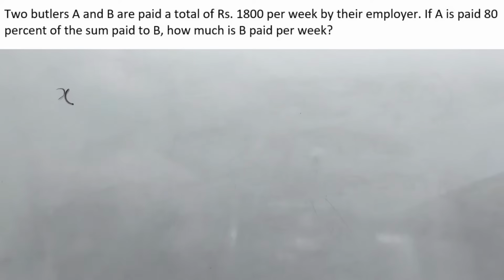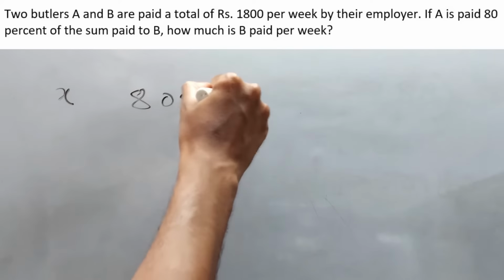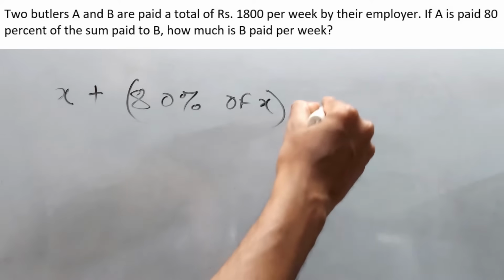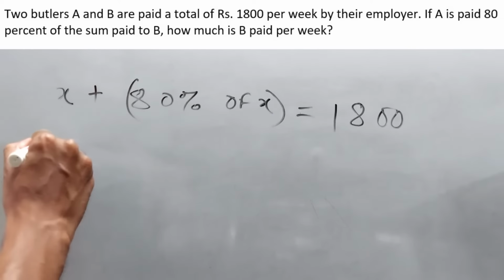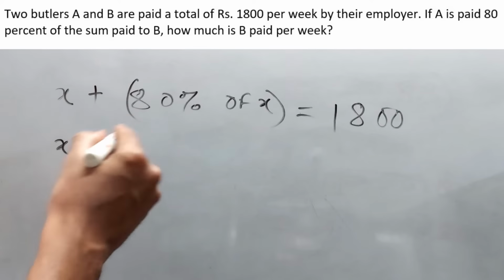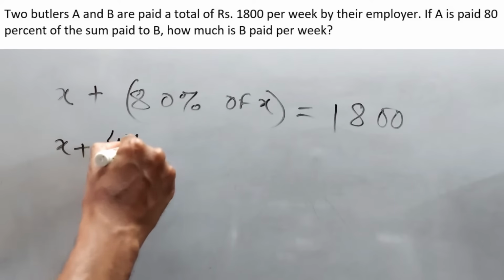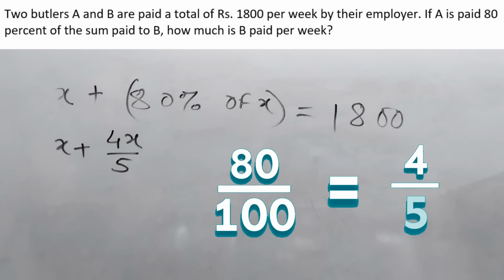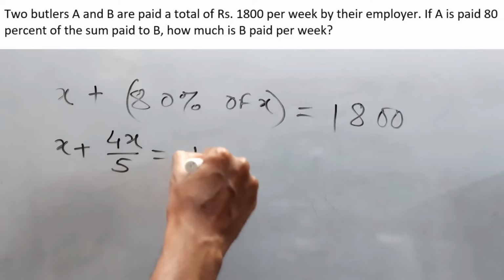If one is getting X, another one will get 80% of X, right? Now these two are equal to 1800.